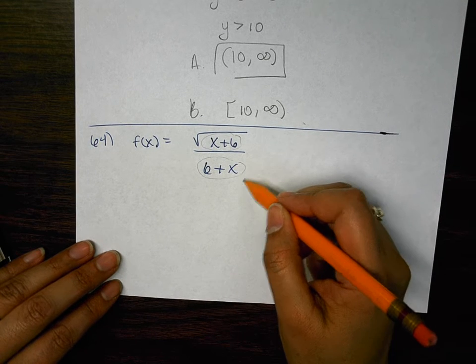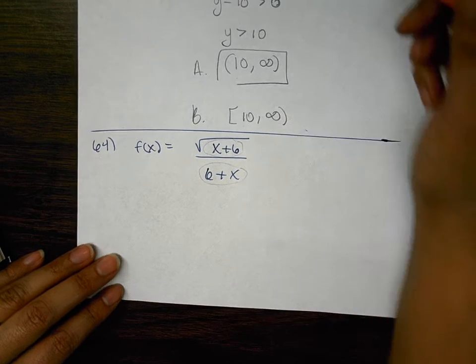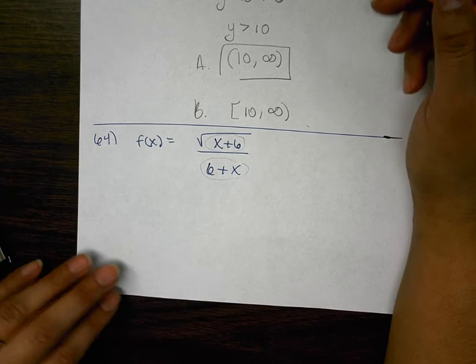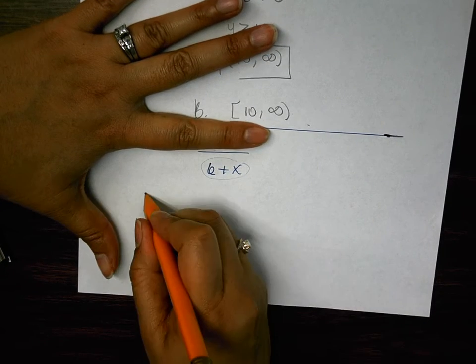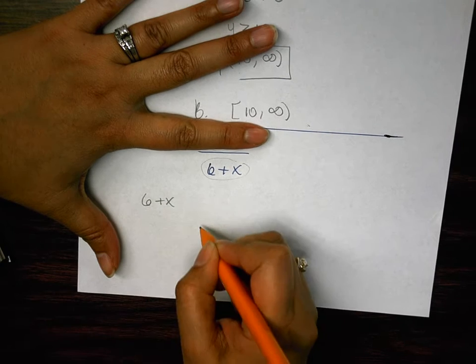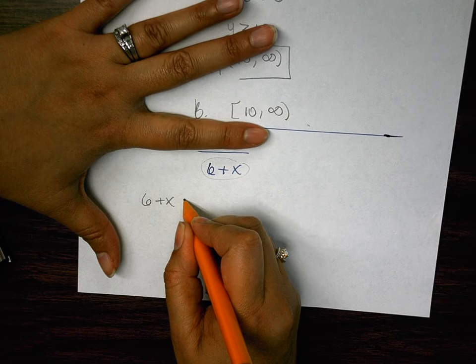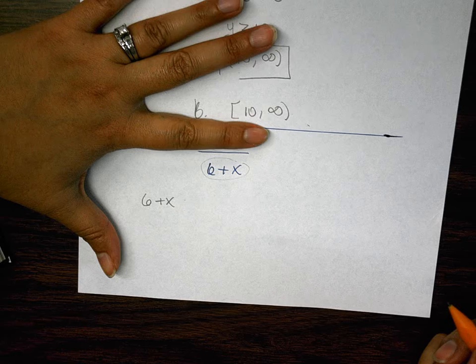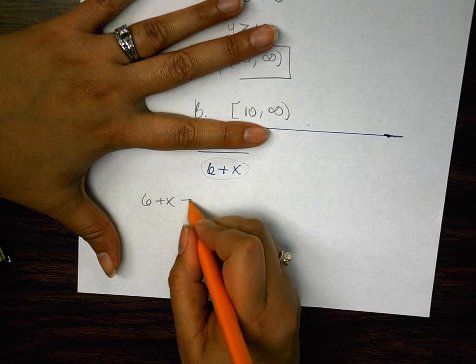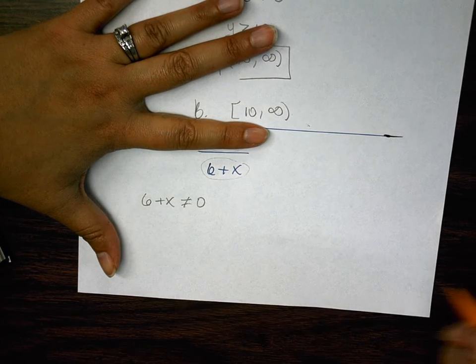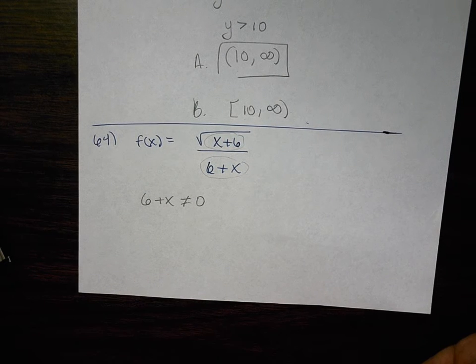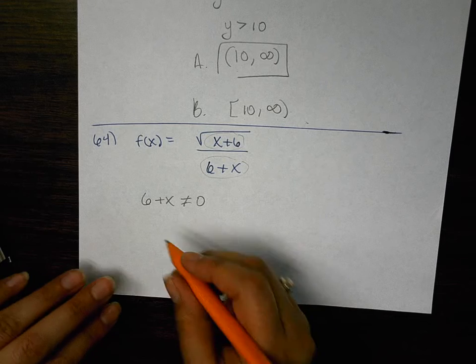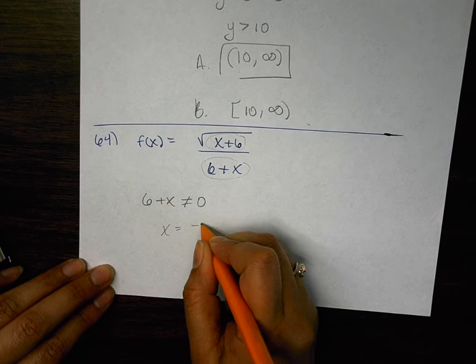Now, because those two are exactly the same, it ends up being very similar to the one we just did. Okay, I'm going to look at the bottom first. There's no square root there, so what would I say? 6 plus x, what? What's my restriction if it's in the denominator? Cannot equal 0. Okay, do you agree typically that would be all I do? Yes? And then I would say x cannot equal negative 6 and be good.